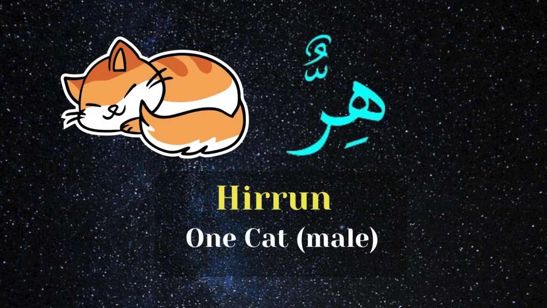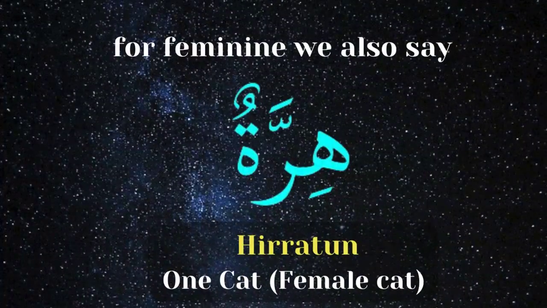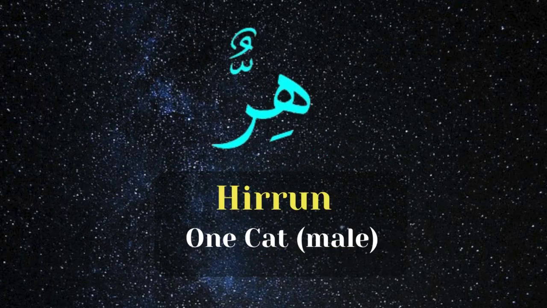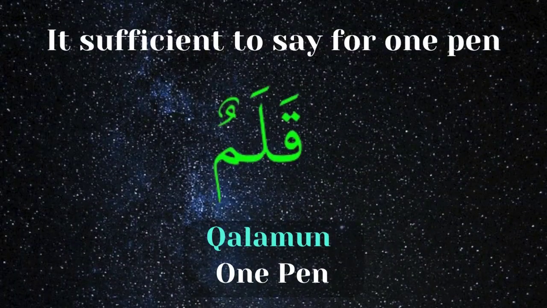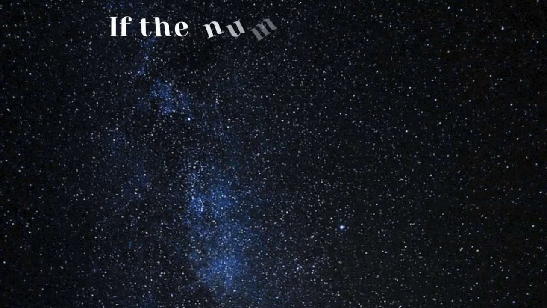For instance, previously we said hirratun wahidatun, but we can simply say hirratun. It is sufficient that way. Or hirrun wahidun. It is sufficient to say hirrun. So it is sufficient to say qalamun without adding qalamun wahidun.